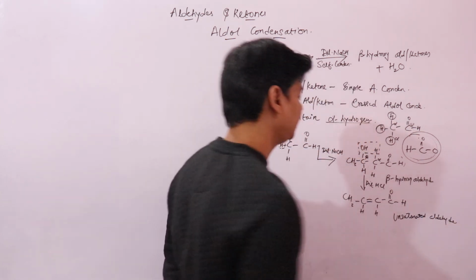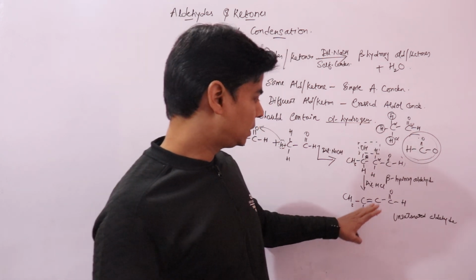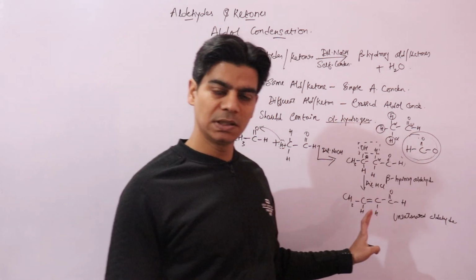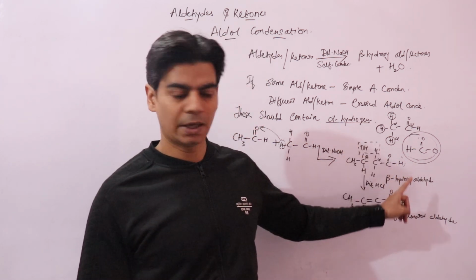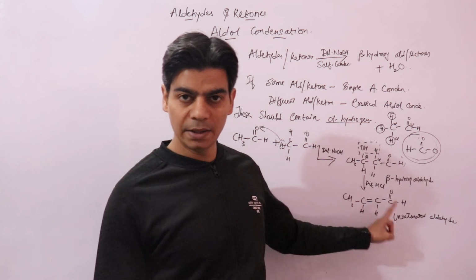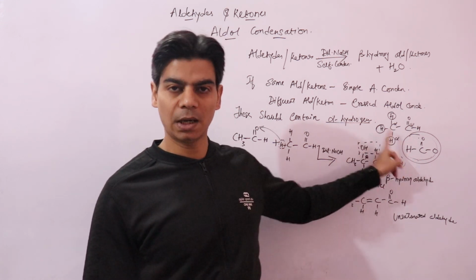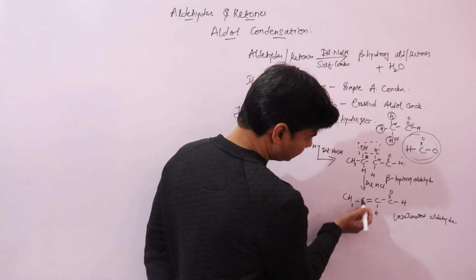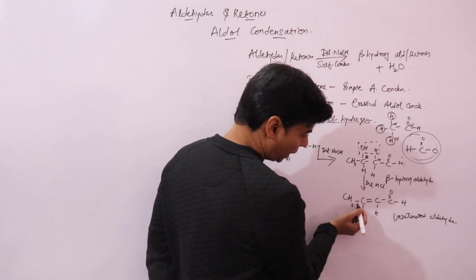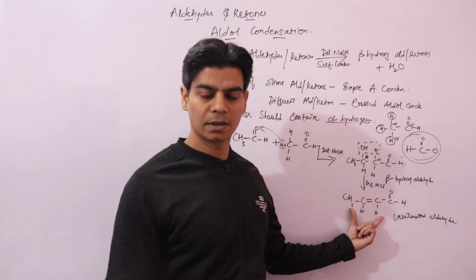Now we said that this reaction will take place easily because this compound is more stable than this beta hydroxyaldehyde. That is, this unsaturated aldehyde is more stable than your beta hydroxyaldehyde. Why? If you look at this compound, this is your conjugated compound.